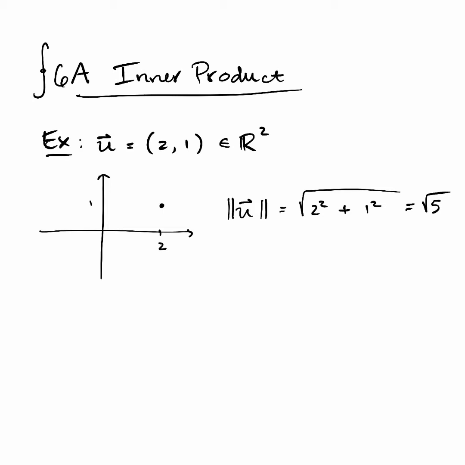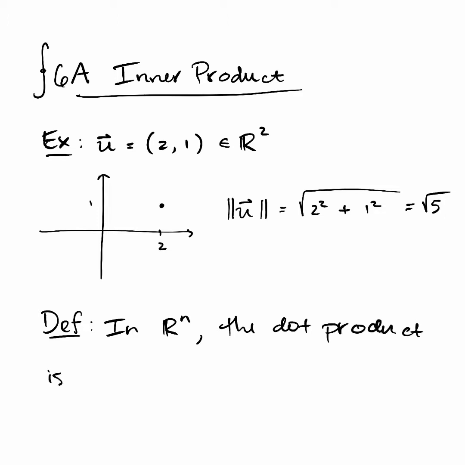All right, so you know about vectors and magnitudes from calc class. You also know something from calc class called the dot product. Back in calc class, in Rn, the dot product of two vectors is written like this: (x1 through xn) dot (y1 through yn).